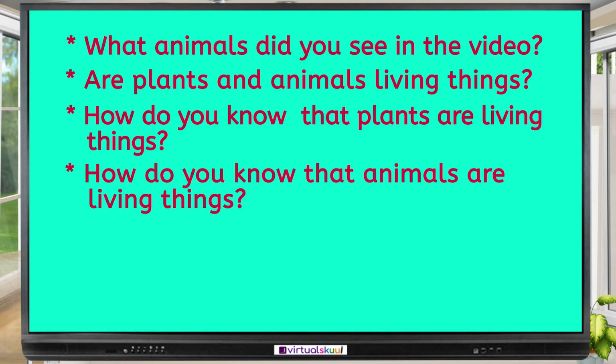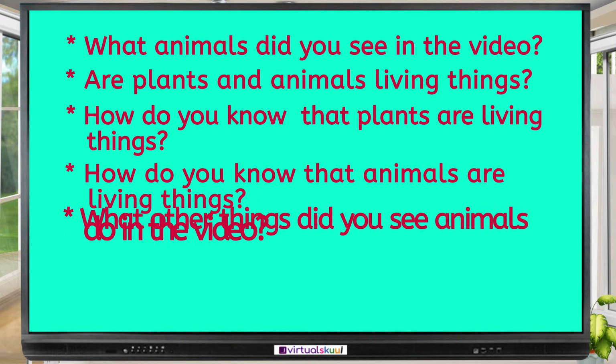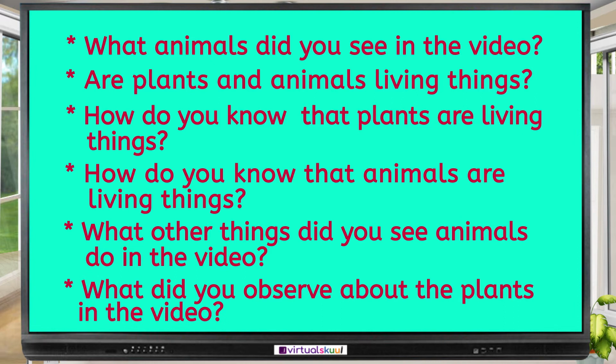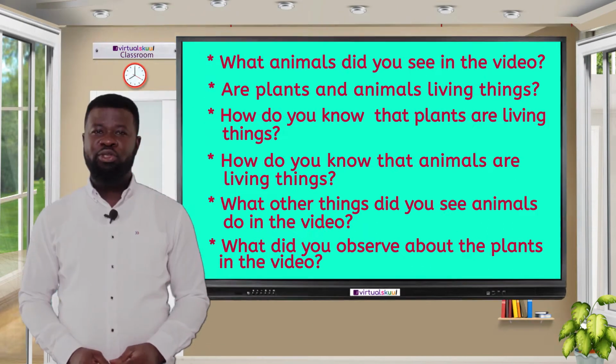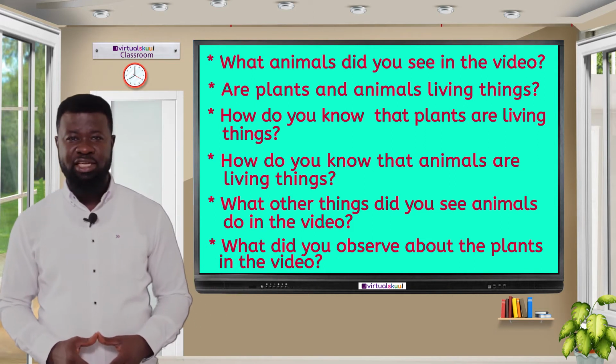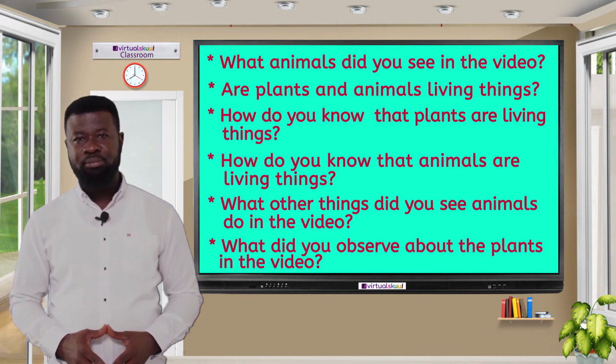What other things did you see the animals do in the video? 6. What did you observe about the plants in the video? Good. You are to discuss or share your ideas with your facilitator.